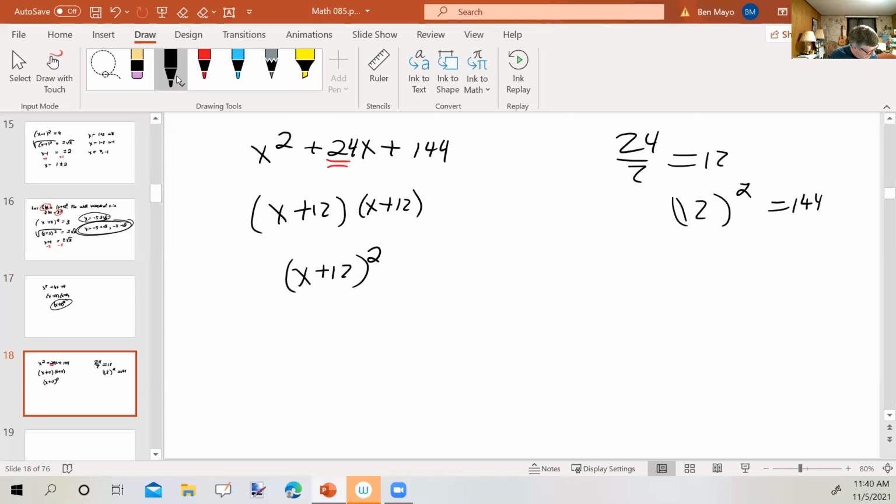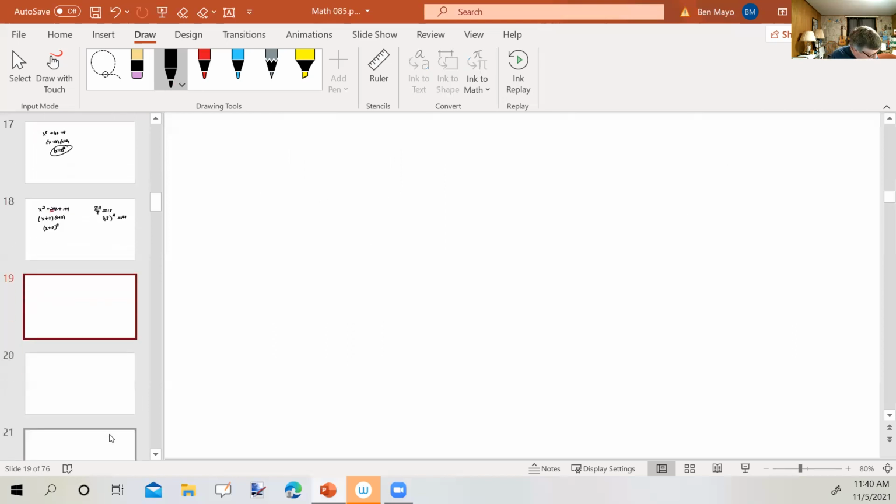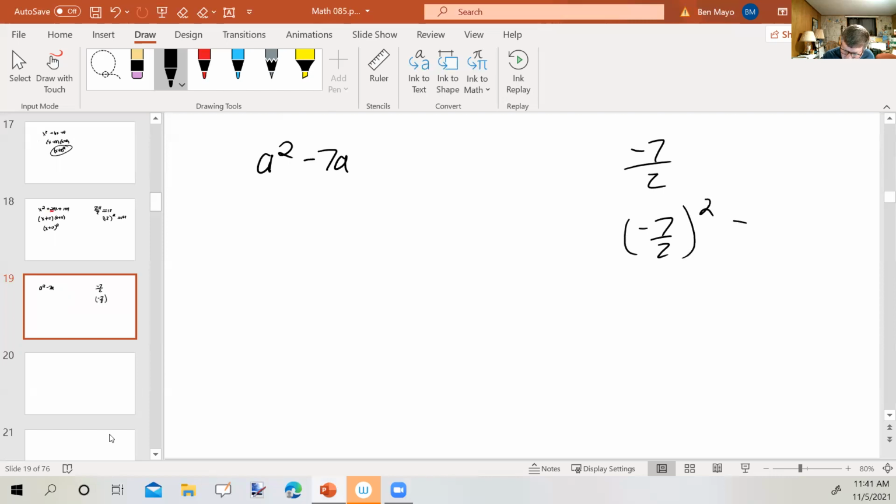Let's take a look at another example. Let's say I've got a squared minus 7a, and I want to manipulate this expression and change it into a perfect square trinomial. I take the coefficient of the linear term, the first degree term, in other words, the negative 7. I divide it by 2, which is negative 7 halves, and I square it, which is 49 fourths.